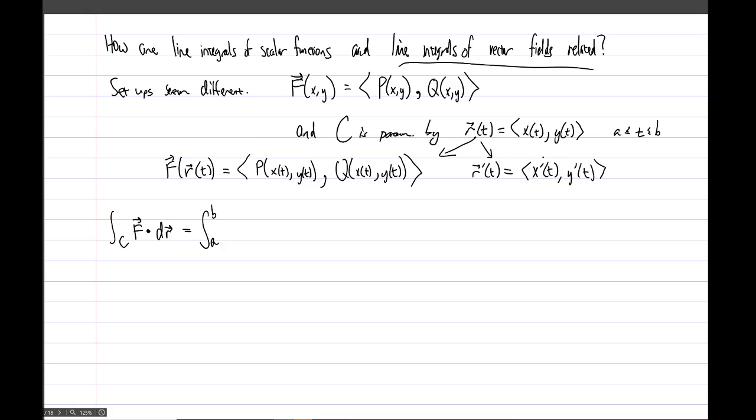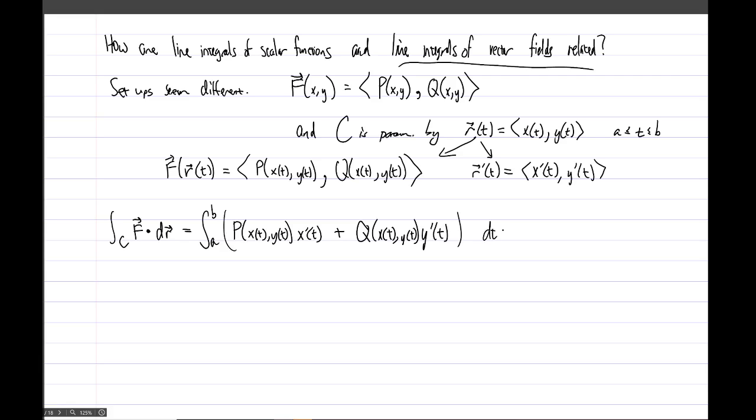So we'll have here P of x of t comma y of t, that scalar times the scalar x prime of t, then plus Q of x of t comma y of t, that scalar times the scalar y prime of t. It's just what a dot product is, right? And then maybe this is technically in parentheses, but we'll have dt at the end of that.